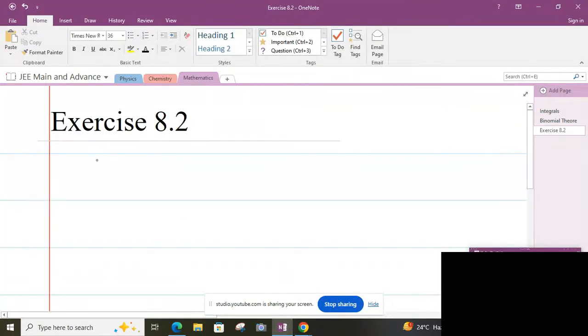To start the solution, we recall some of the most important formulas which we need during the solution of the questions of exercise 8.2.